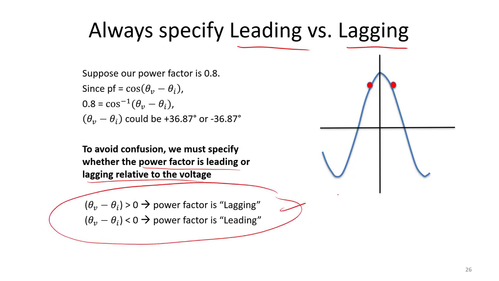So definitely make sure you remember the rules. We say we are lagging if our current phase angle is less than the voltage phase angle, and we say we are leading if the voltage phase angle is less than the current phase angle.